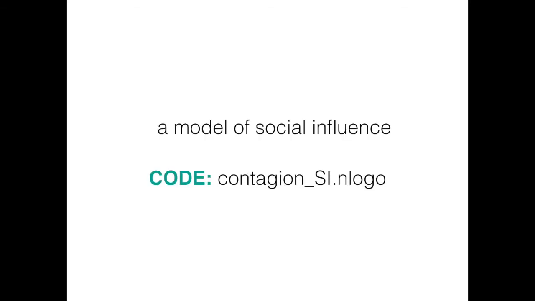So we now have a new model of social influence, contagion by social influence, to look at. This is a file called contagion_SI. This model is a version of an SI model, which is a very standard type of contagion model, S standing for susceptible, I standing for infected. So let's look at it.